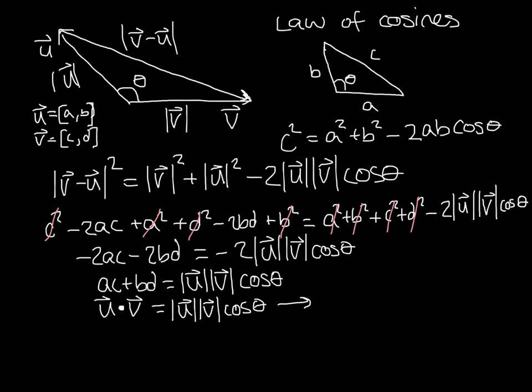So we'll come over here and solve for the cosine of theta. The cosine of theta is just the dot product of the vectors divided by the product of the magnitudes of those vectors. Now remember, the process of this was very similar to what we did previously.